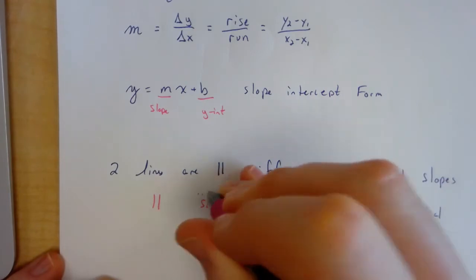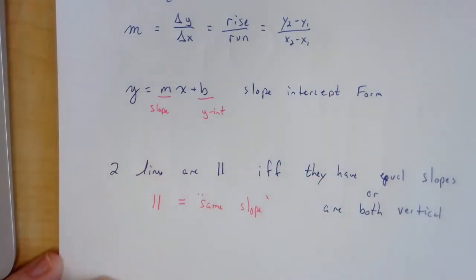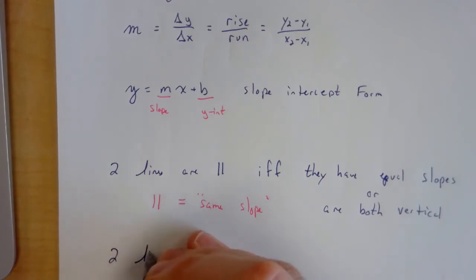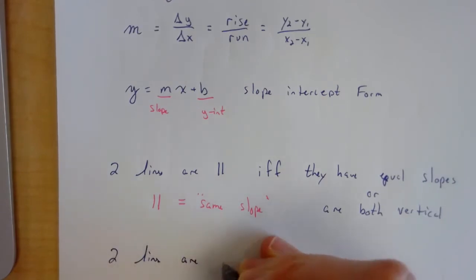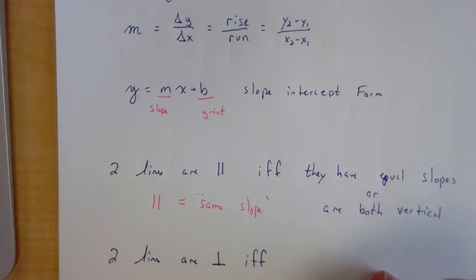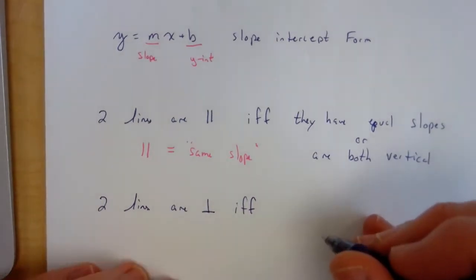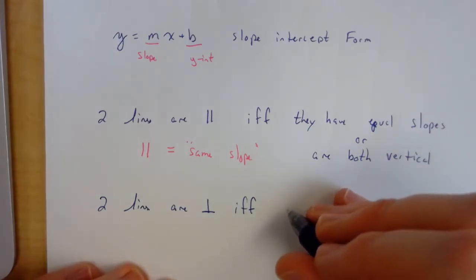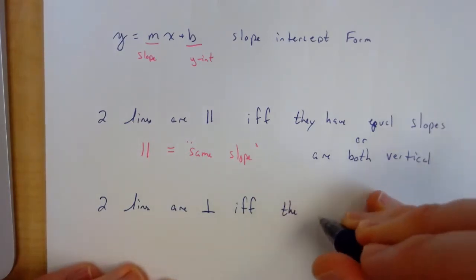Okay? Now here's the different one, right? Two lines are perpendicular if and only if, and this is different probably than what you learned in Algebra 1. You probably learned about what's called the negative reciprocal. But I'm going to tell you here, the product of their slopes is -1.